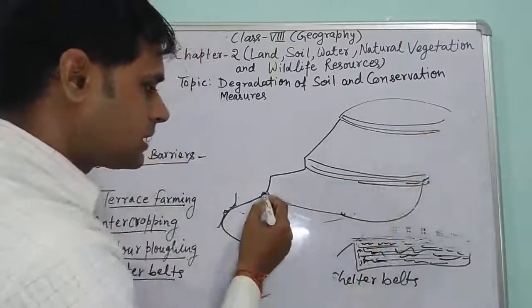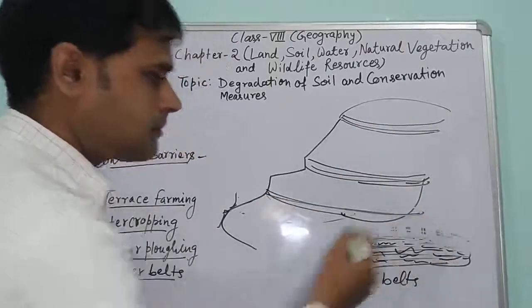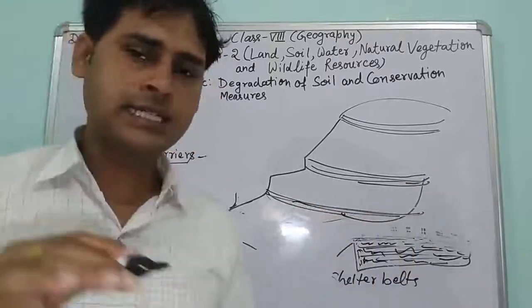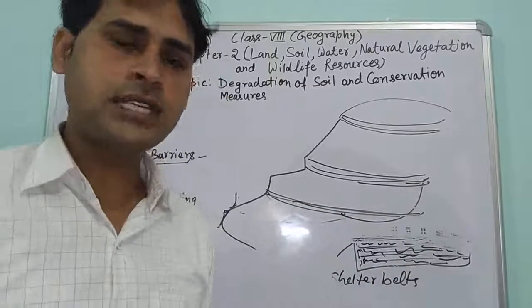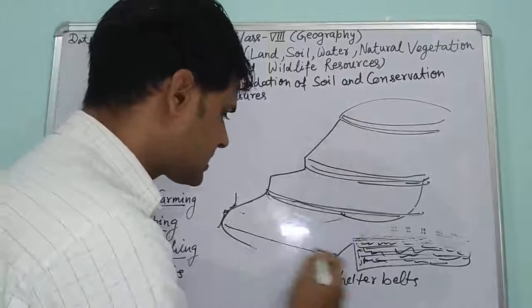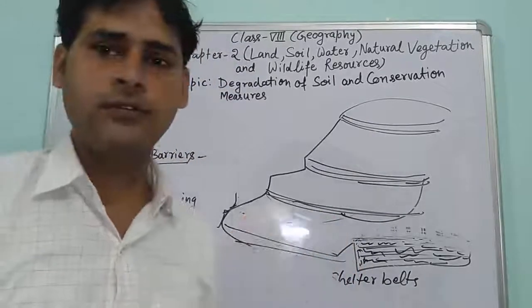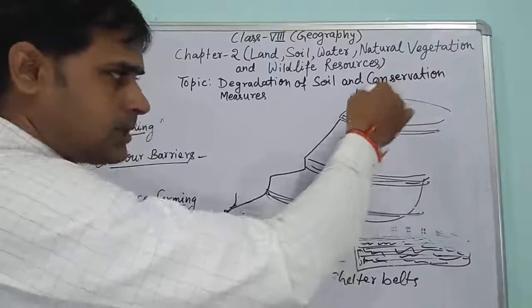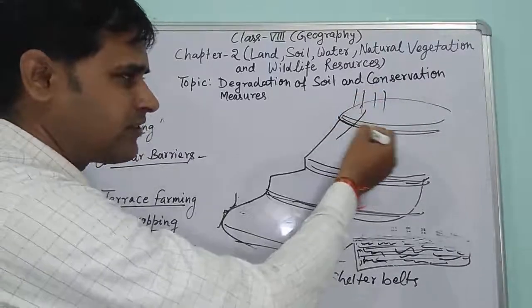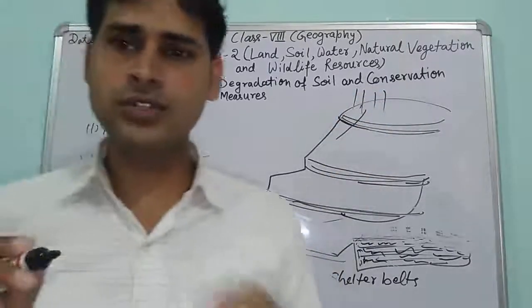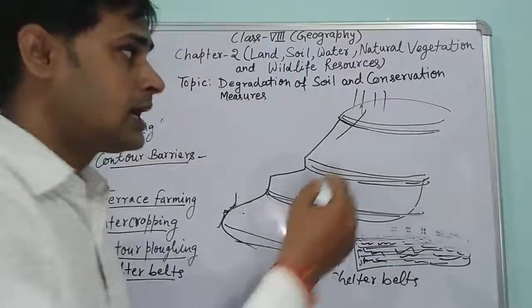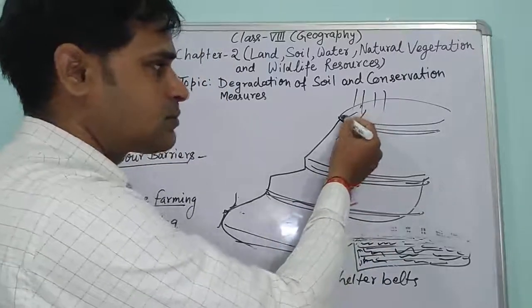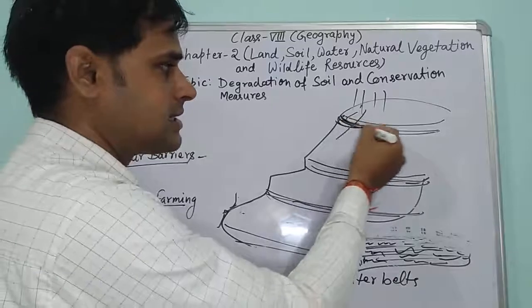This is done so that when it rains, it protects the soil. Okay, means it does not become runoff. When rain falls on the upper side, very little soil runs off, and it is protected here and gathered here.